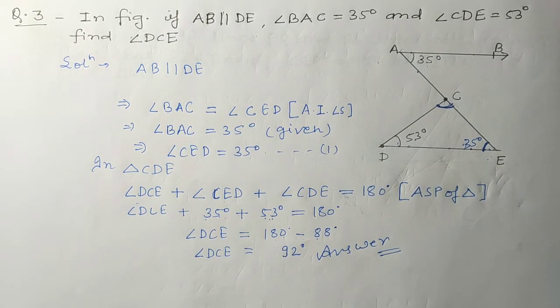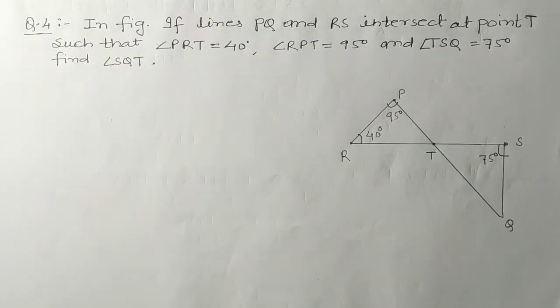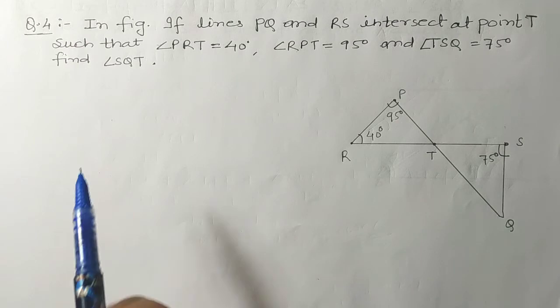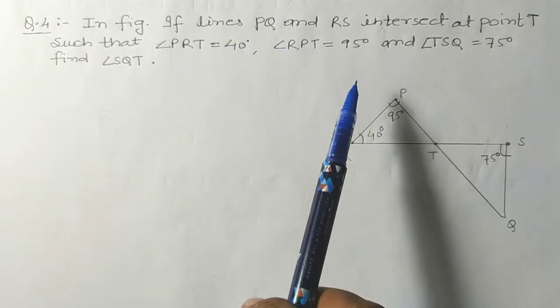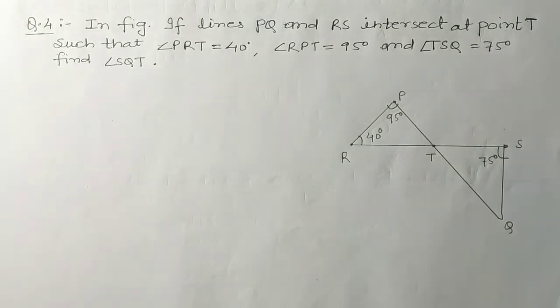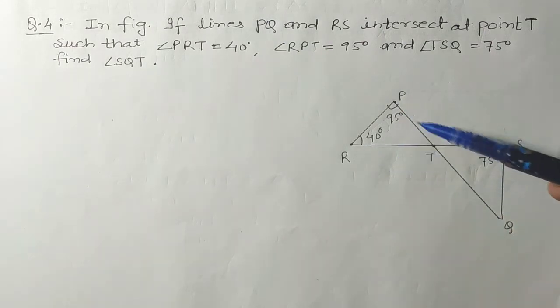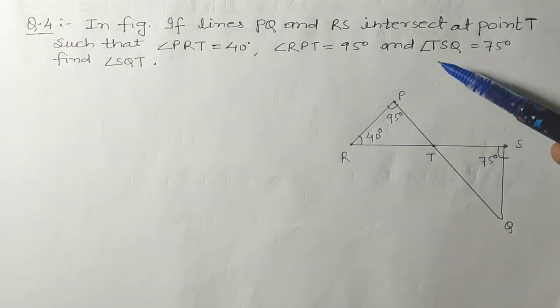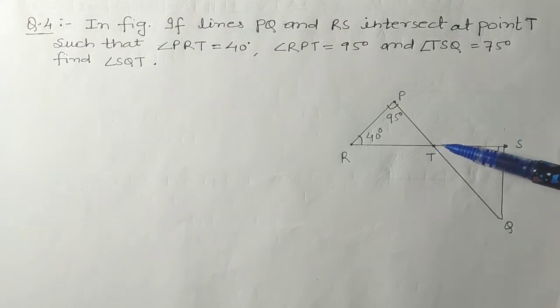Now we'll see the next question, that is question number 4. The question is: in the figure, if lines PQ and RS intersect at point T such that angle PRT is 40 degree, angle RPT is 95 degree, and angle TSQ is 75 degree, we have to find angle SQT.